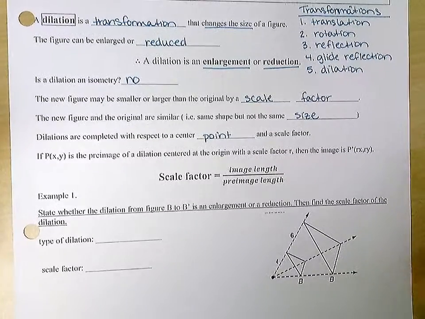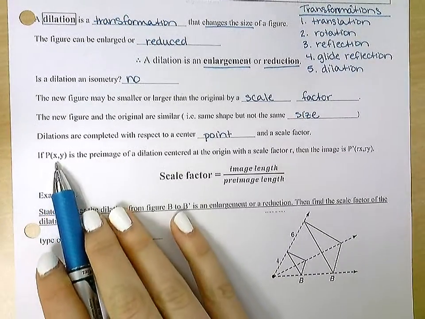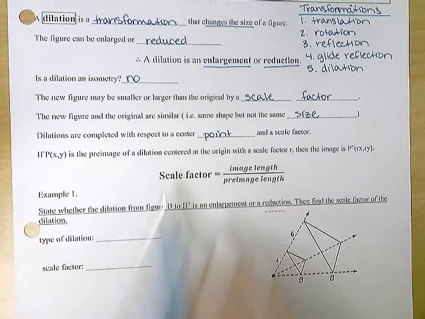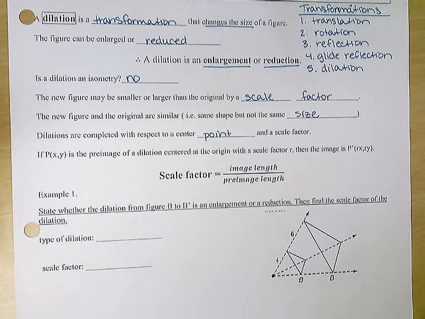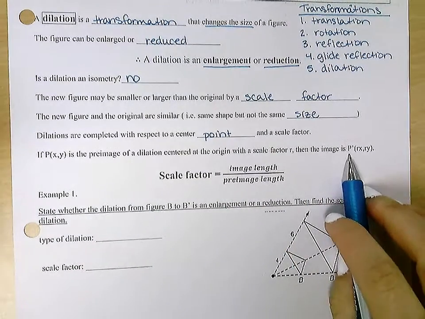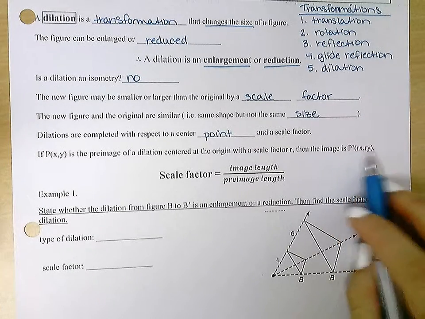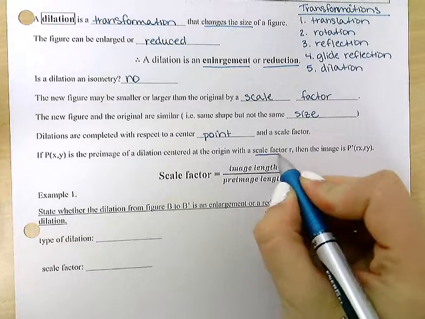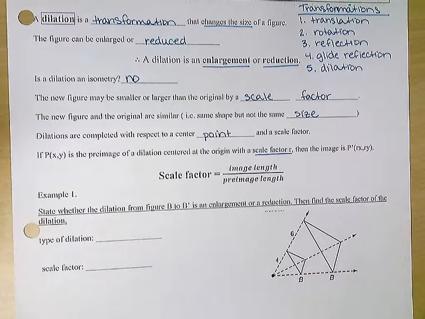So if our point P at (x, y) is the preimage of a dilation centered at the origin with a scale factor of r, then the image P prime is (r times x, r times y). So all we have to do is take our scale factor of r and multiply that value into both x and y in our coordinate to get our image.